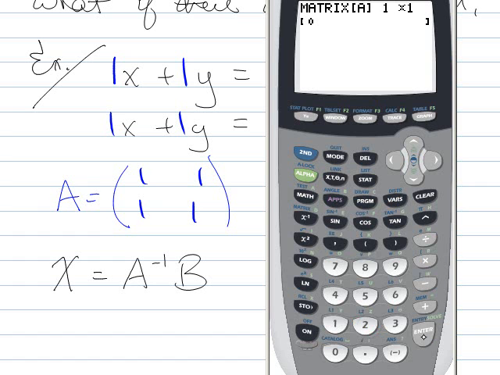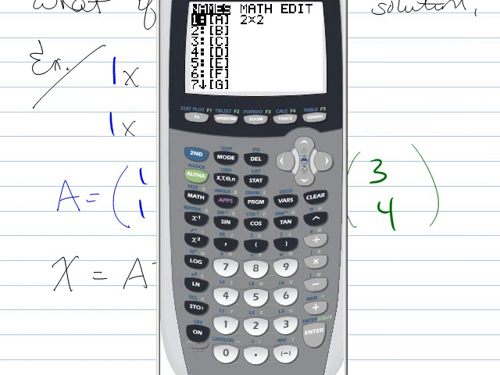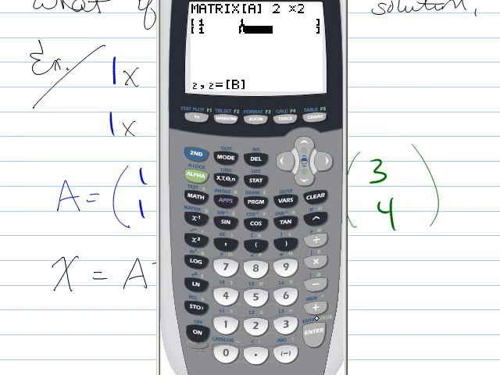So I've got a 2 by 2 matrix that says 1, 1, 1, 1. And I'm going to put in a B, which is, oops, I did the wrong one. That's not what I meant. That needs to be a 1. Let's try this again.